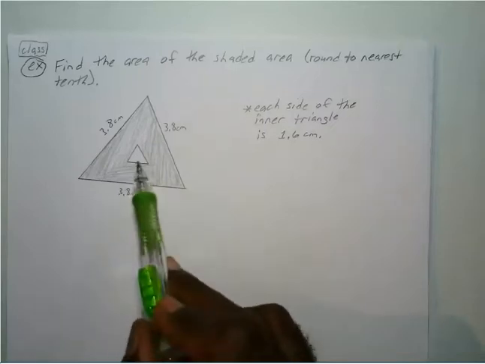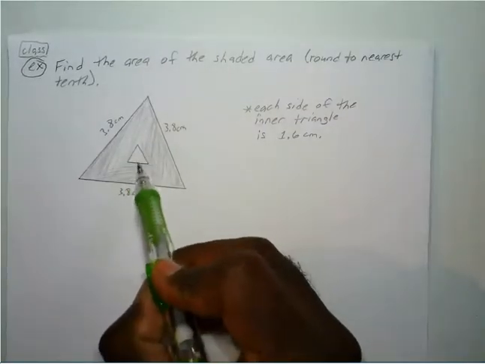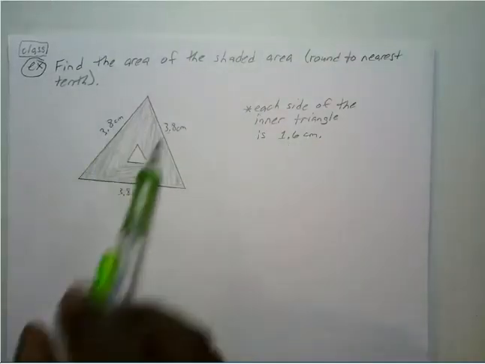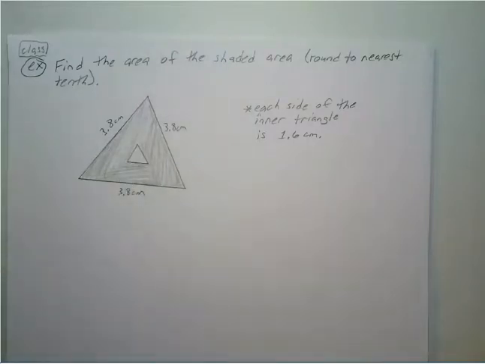And I didn't want to write it inside of here too small, but each side of the inner triangle is 1.6 centimeters. Okay, so you have an equilateral triangle on the outside and an equilateral triangle on the inside. So what I want you to do is press pause and try to solve this one on your own.